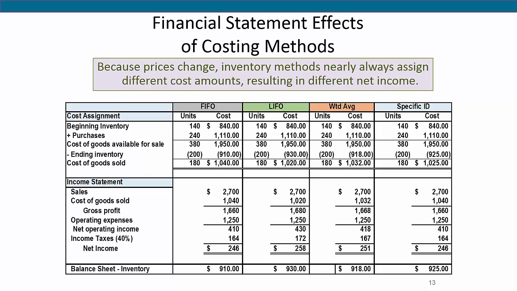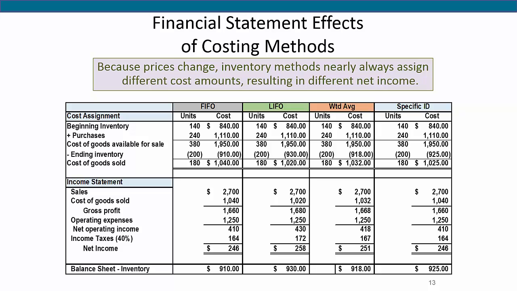How do costing methods influence net income? In the situation where purchase costs regularly fall, as in our case, the following occurred. FIFO assigns the highest amount to cost of goods sold, yielding the lowest gross profit and net income. LIFO assigned the lowest amount to cost of goods sold, yielding the highest gross profit and net income.